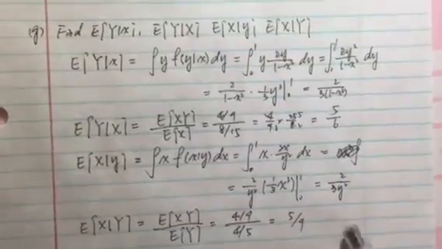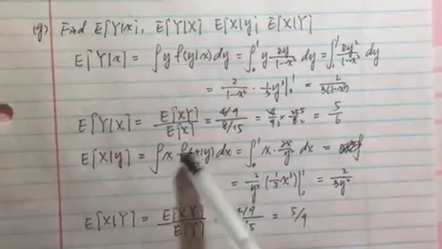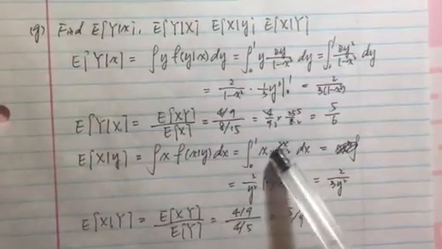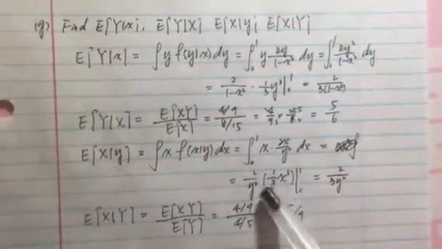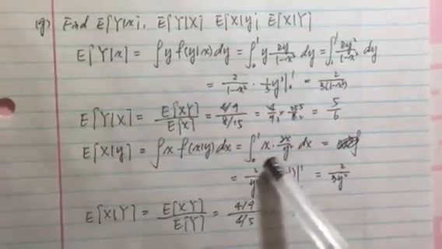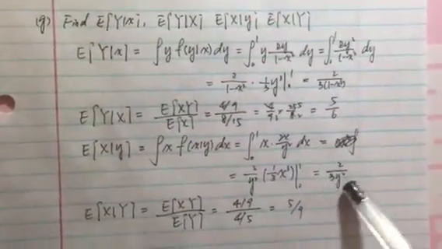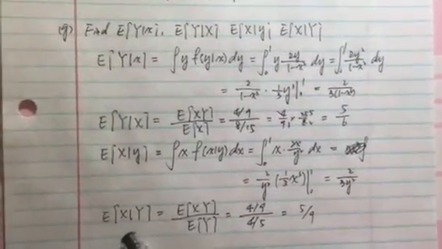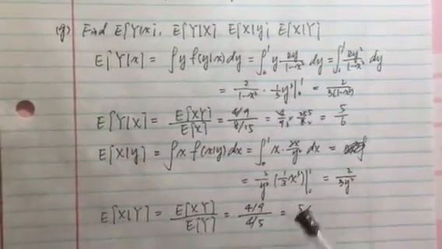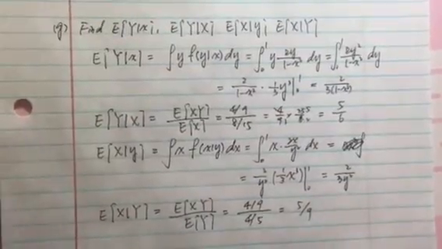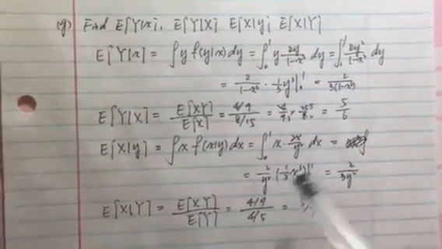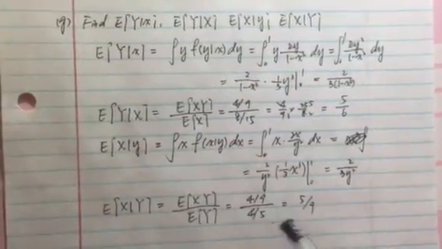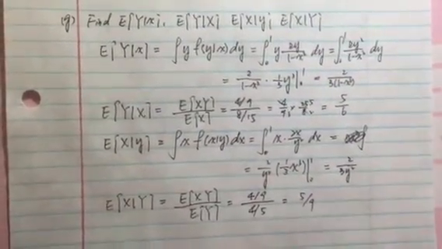We know this conditional density function is 2x over y squared, and when we plug it back in and integrate from 0 to y, we get 2/3 y. And the expected value of X given big Y is just the expected value of XY over the expected value of Y, which is 4/9 over 4/5, and that gives us 5/9.